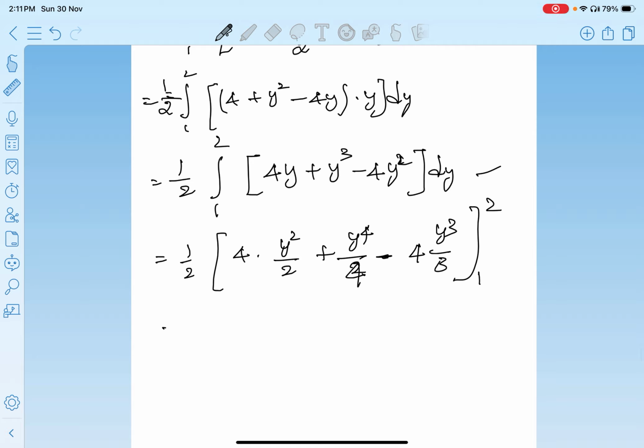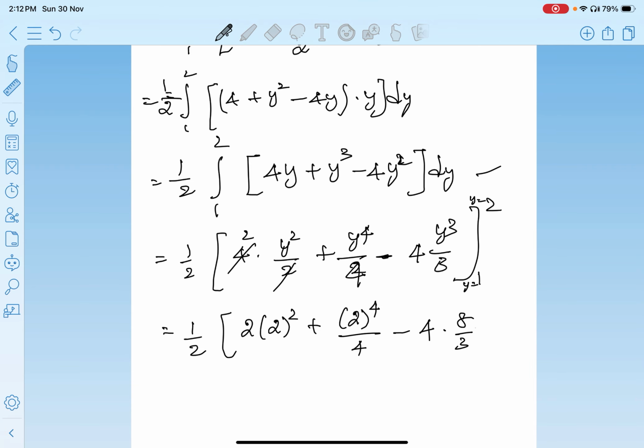Integrated again, 1 by 2. Now we substitute the limits. Your upper limit: 2 into 2 square plus 2 power 4 by 4 minus 4 into 8 by 3.